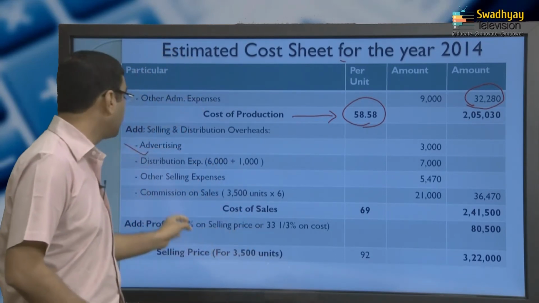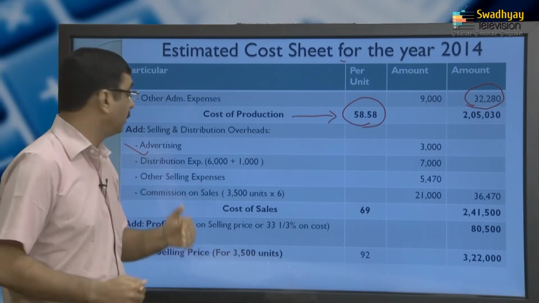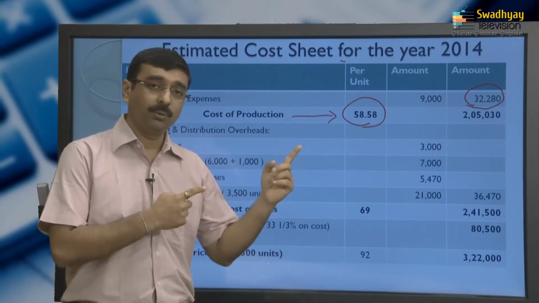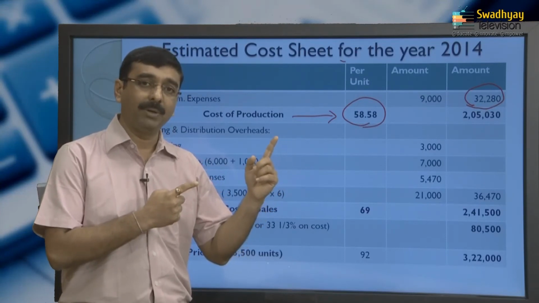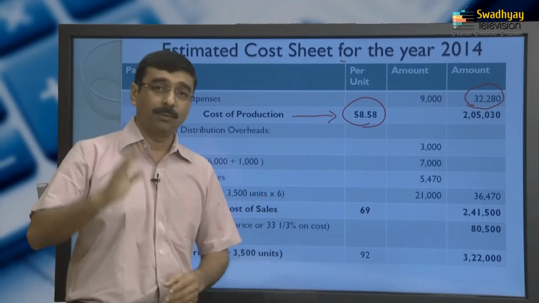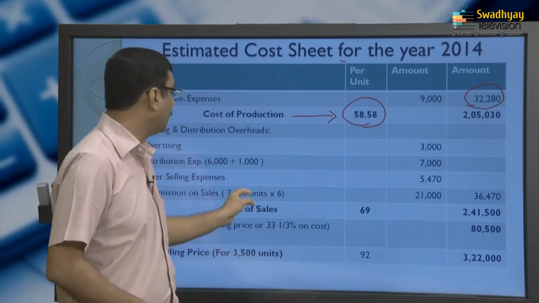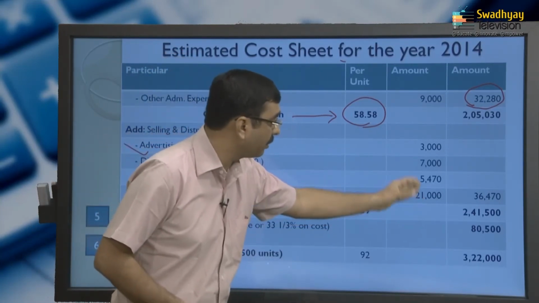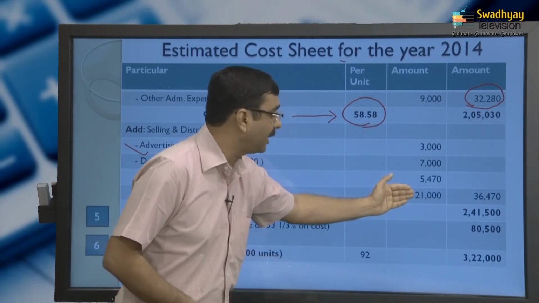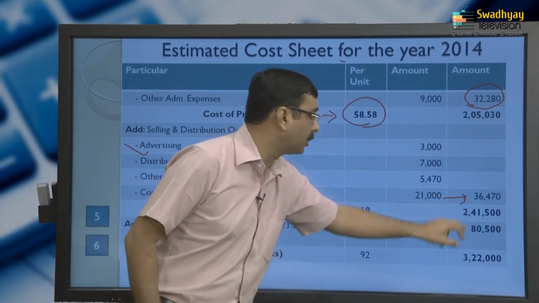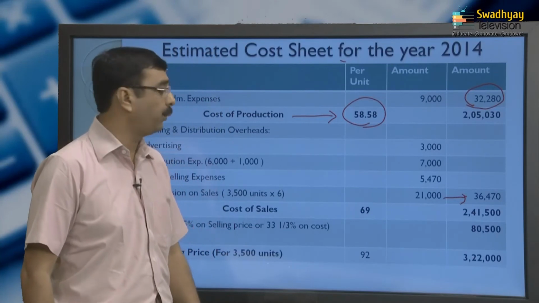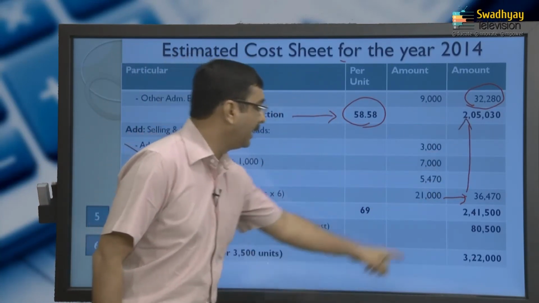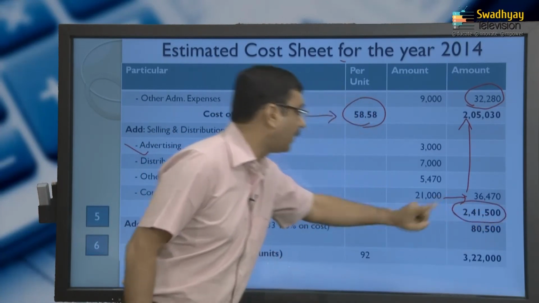And the last is commission on sales. Because the commission on sales is calculated on the basis of number of units, in year 2013 they manufactured 2,500 units, multiplied by 6, it was 18,000, and this time 3,500 units multiplied by 6, it comes to 21,000 rupees. All four selling and distribution expenses transfer into the outer column, which comes to 36,470, added into the cost of production, and it comes to 2,41,500 rupees.